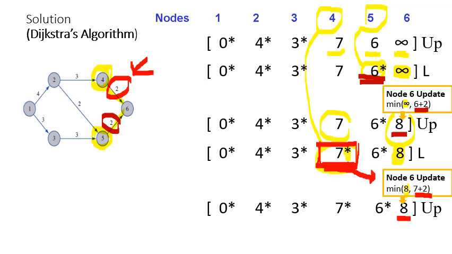It sounds a bit complicated, but it is actually very simple. You just need to do these two steps, one after the other: labeling, updating, labeling, updating, and so on. So try to do this example on your own by hand and make sure you get the same answer.